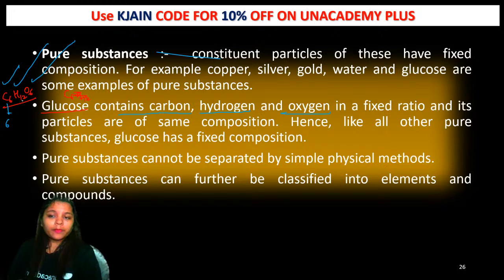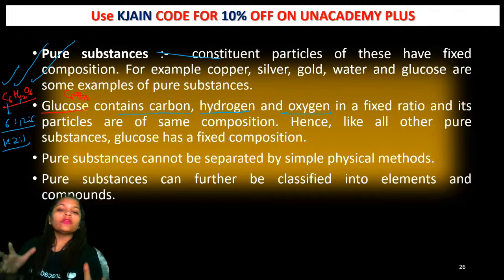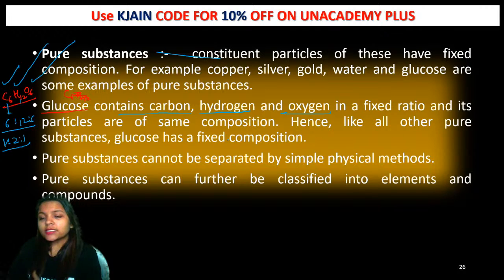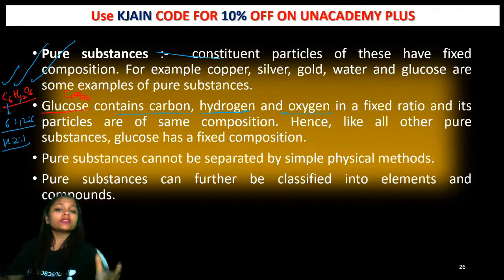Carbon has 6, hydrogen 12 and oxygen 6, so the ratio is 1:2:1. So it will remain the same. Whichever molecule of glucose you take, it has 6 carbon atoms, 12 hydrogen atoms, and 6 oxygen atoms. So we have the fixed composition.